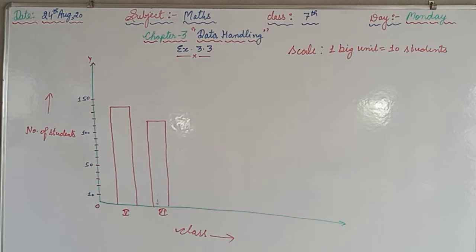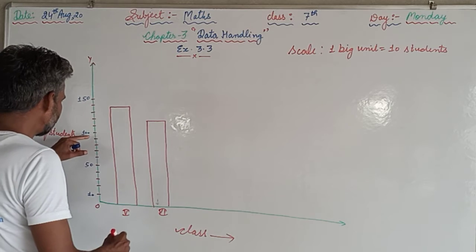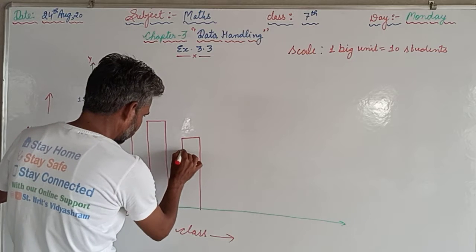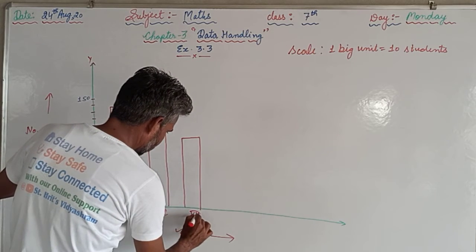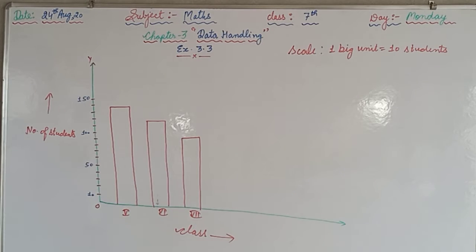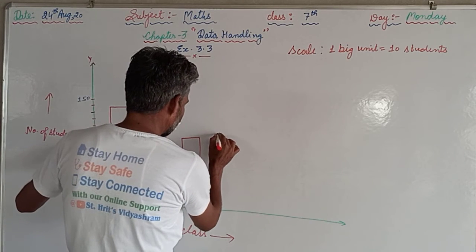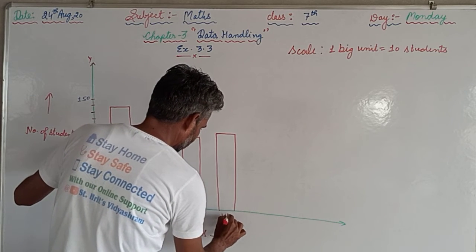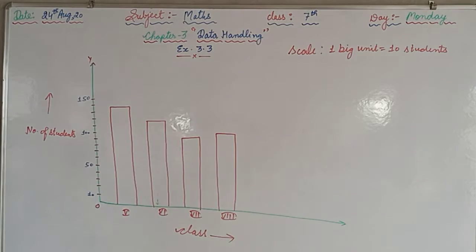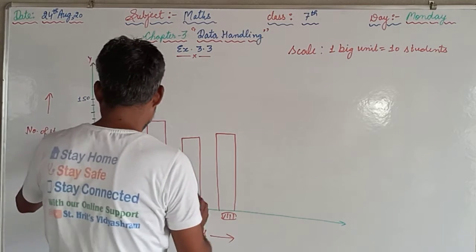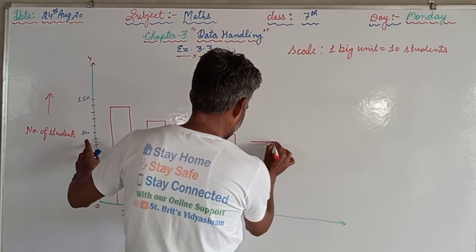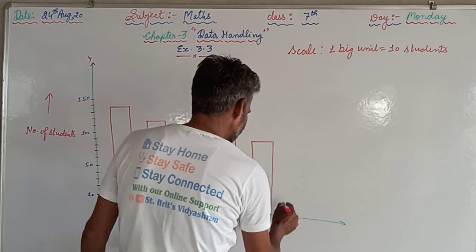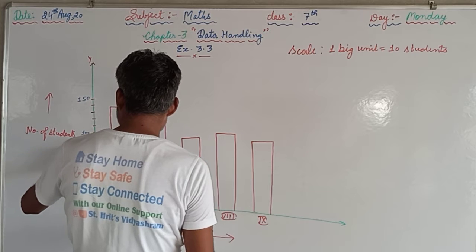Then 7th is 95, that is in between 90 and 100, that will be class 7th. Then class 8th is 100, exactly 100. Then for 9th it is 90, and 10th is 80, that is 50, 60, 70, 80.